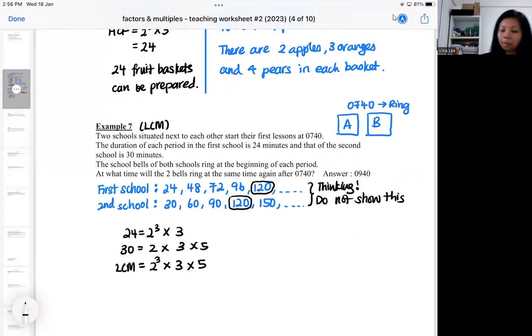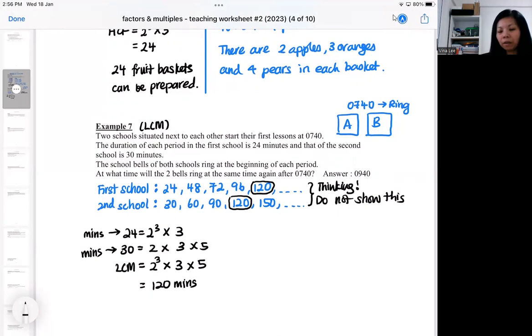So you get 120. So what is the unit for this 120? You should ask yourself, what's the unit for this 24? This 24 is in minutes. 30 is also in minutes. So the LCM you've gotten is also in minutes.